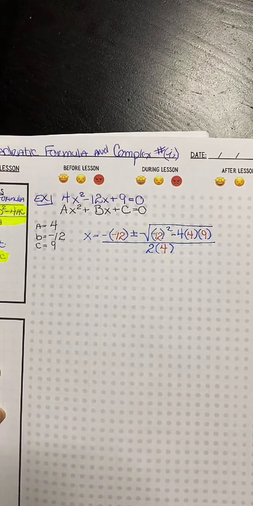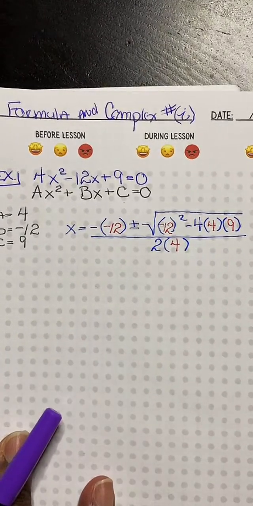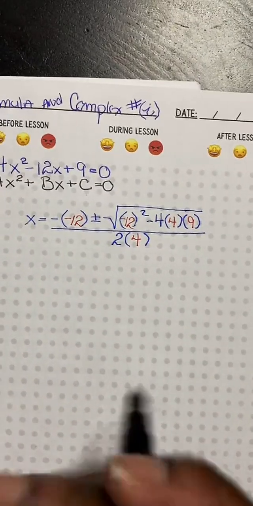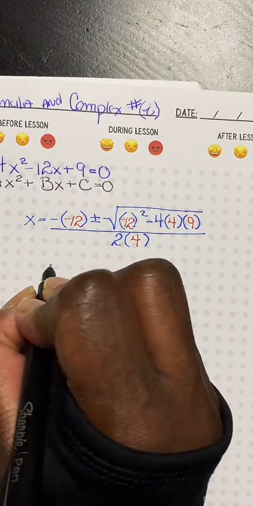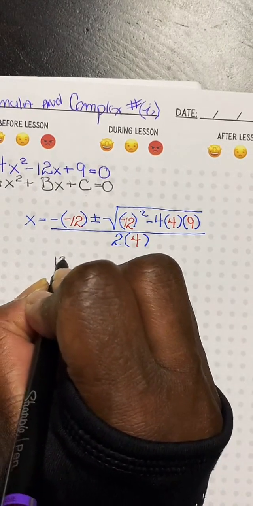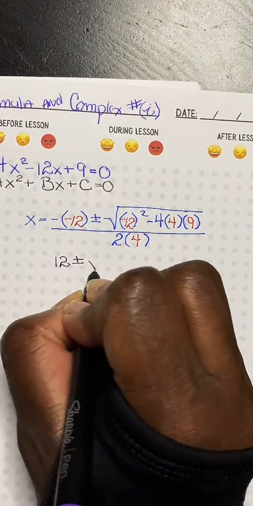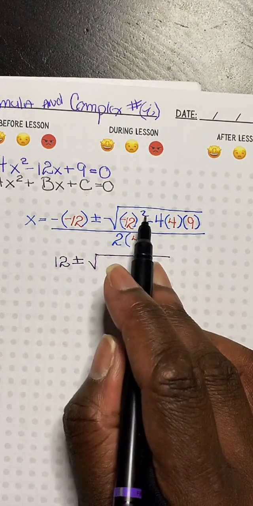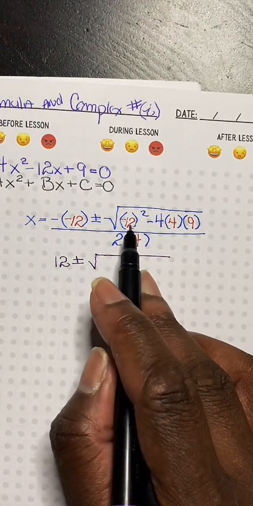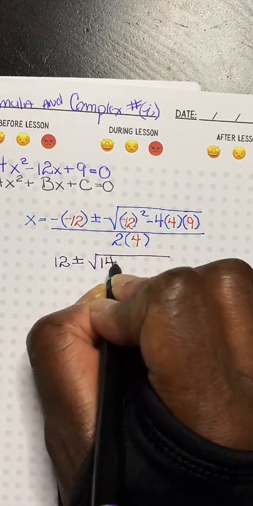Now we're actually going to start simplifying. We have a negative times a negative 12, so that means we're dealing with a positive 12, plus or minus the square root. Negative 12 squared means negative 12 times negative 12, which gives me a positive 144.